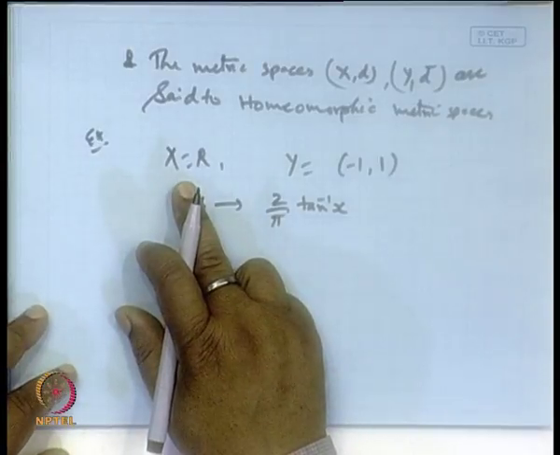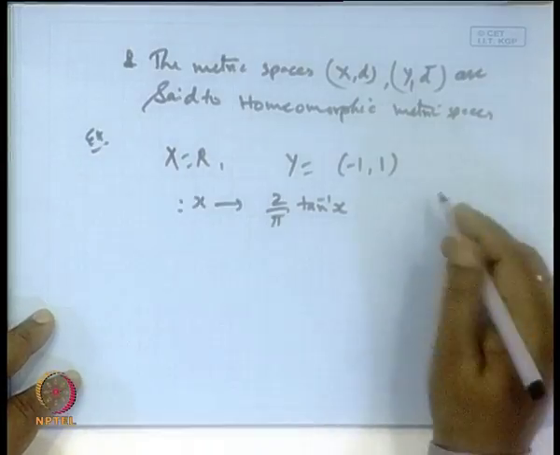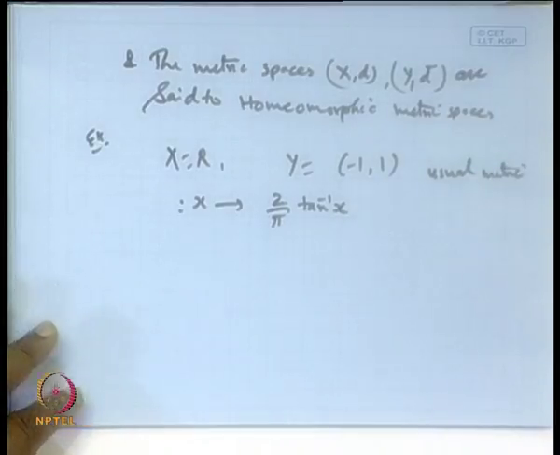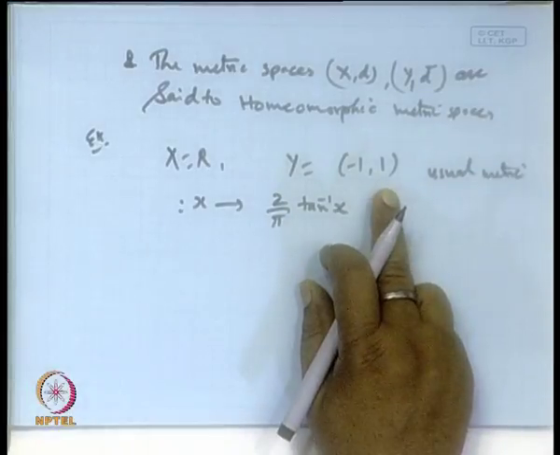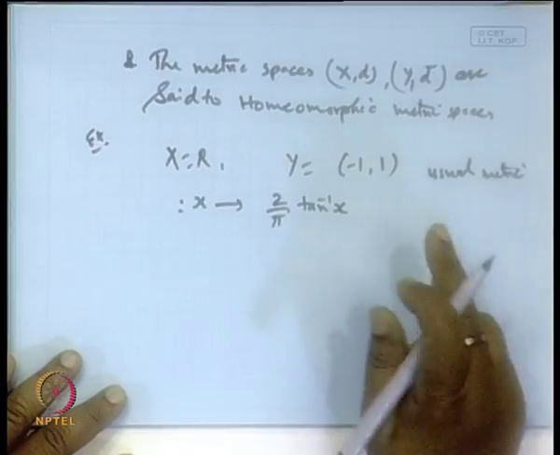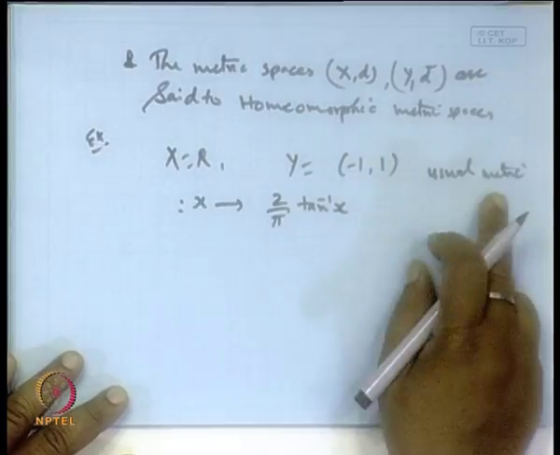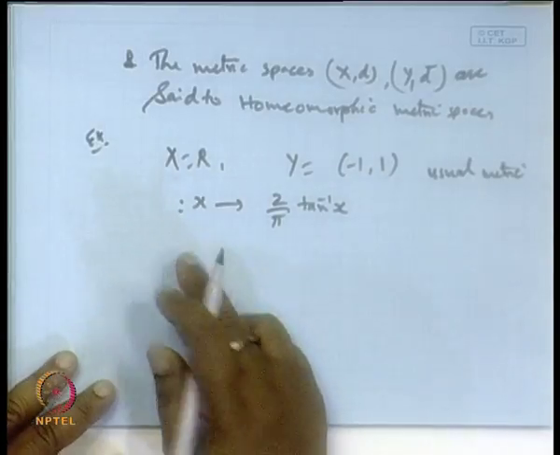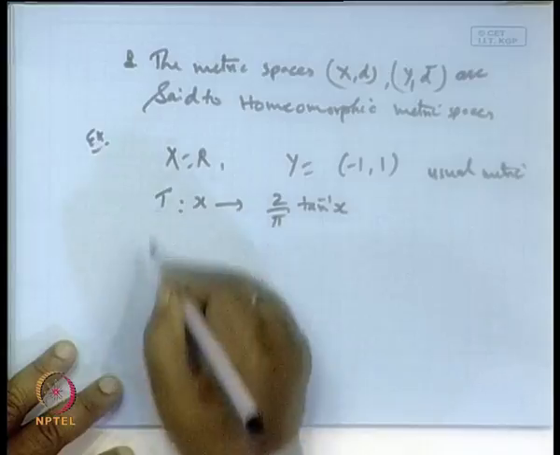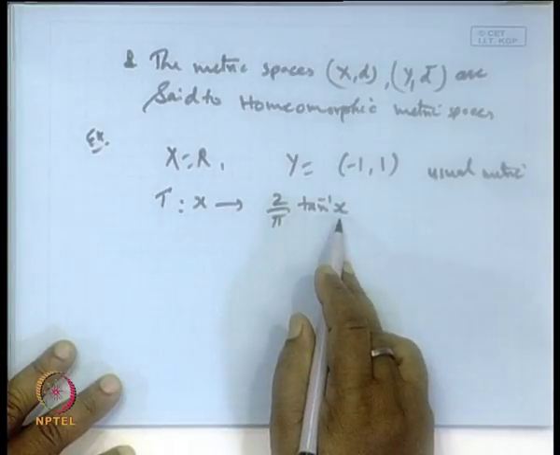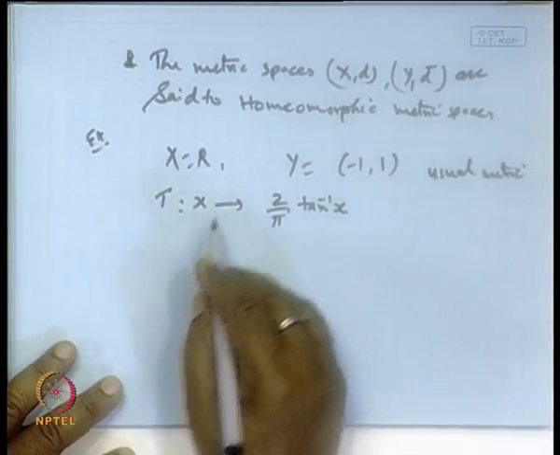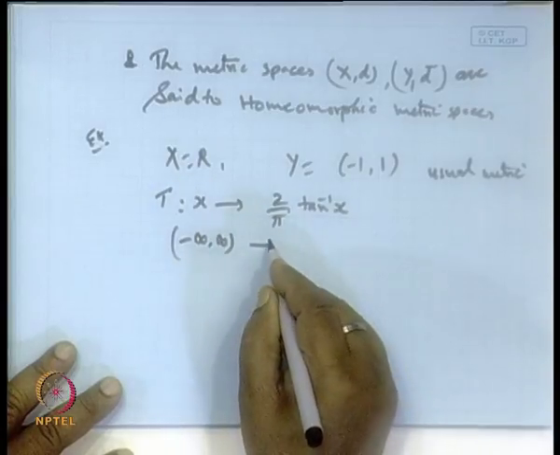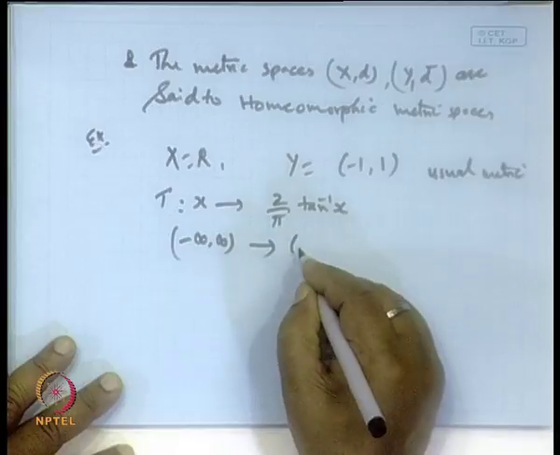X is R, a metric space under the usual metric, and Y is an open interval, again part of R, and the same metric d bar we can define as the usual metric. Then if we define the mapping T which transfers x to (2/pi) tan inverse x, then minus infinity to infinity is transferred to minus 1 to 1.